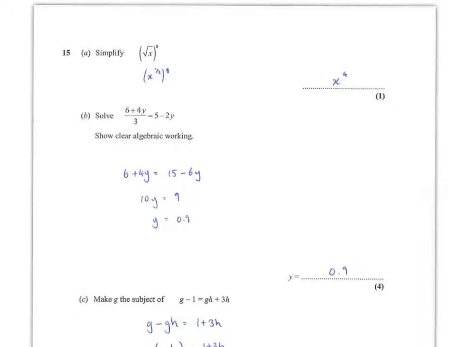The square root of x to the power of 8, well, square root is the same as a power half. So therefore I can write root x as x to the power of half, all to the power of 8. When I've got brackets, I multiply my powers, so half times 8 equals 4. I'm left with the solution x to the power of 4. Alternatively, root x to the power of 8 is the same as root x times by itself 8 times.